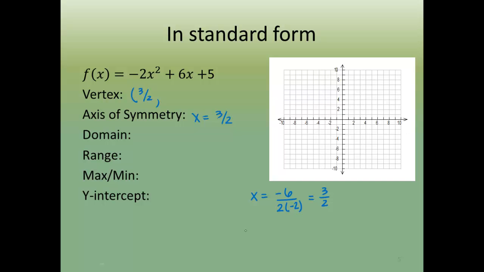So I'm going to go ahead and carefully substitute that back in as -2 times (3/2) squared plus 6 times 3/2 plus 5. Be sure that when you are evaluating this, you're only squaring the 3/2 and that you are not squaring the -2, because we have to follow our order of operations.